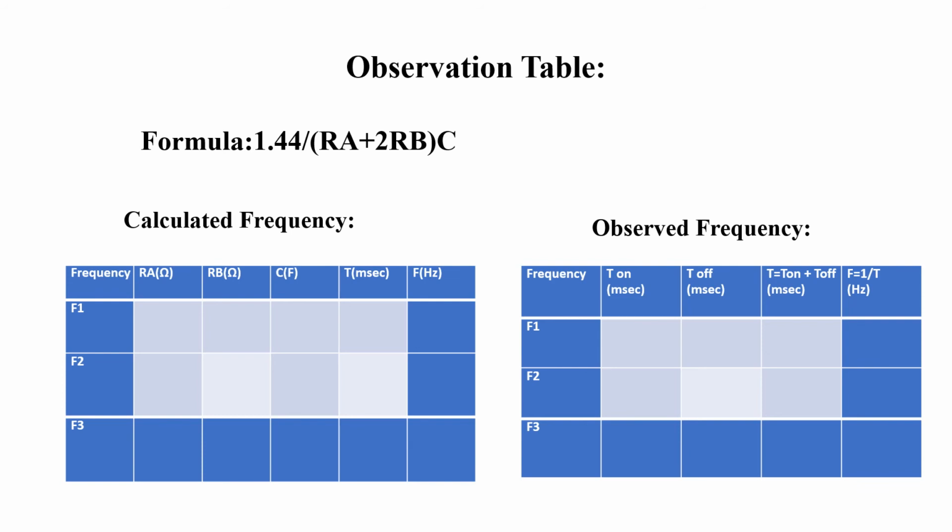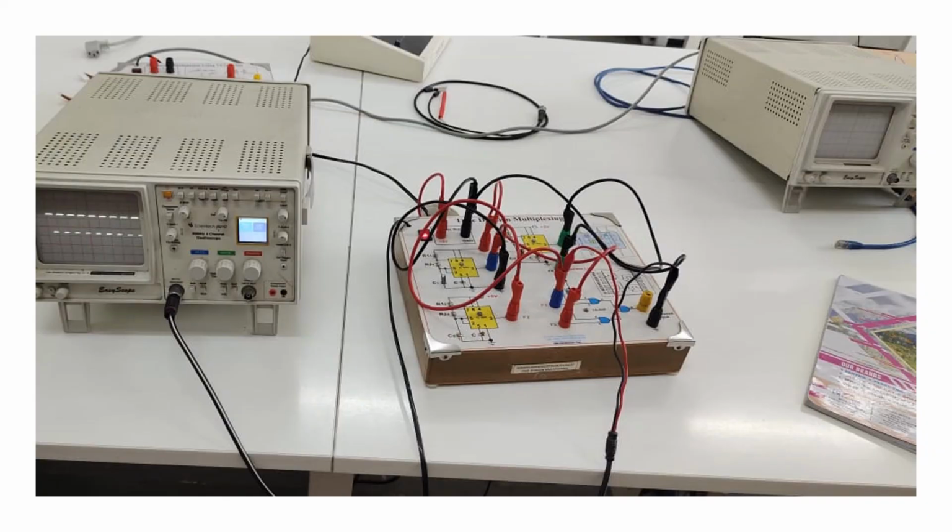Once we get the frequency, we will measure it on a CRO. Let's see how these frequencies are generated. This is the practical demonstration of time division multiplexing.